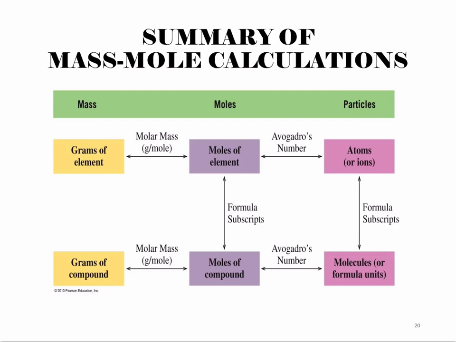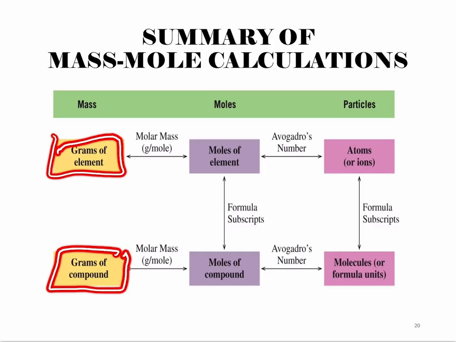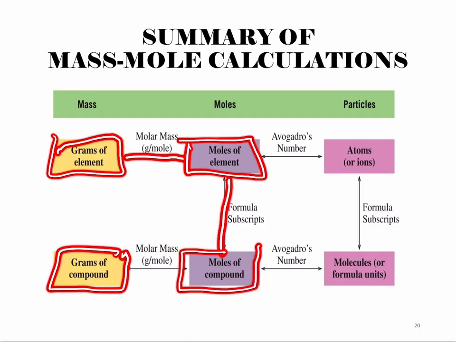So if you're given the grams of an element, and I ask you to find the grams of a compound, the easiest way is to go from the moles of the element to the moles of the compound to the grams of that compound. Or vice versa. What we just did is we were given the grams of the compound. We went to the moles of that compound, moles of aspirin. Then we went to moles of carbon, and then to grams of carbon from there.